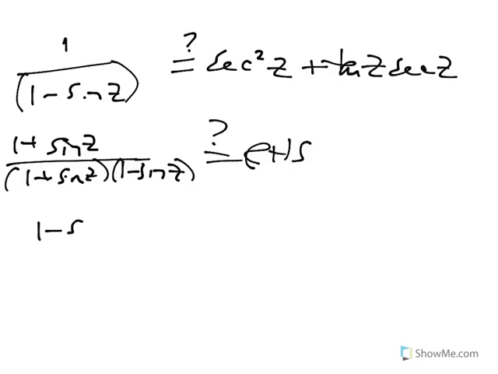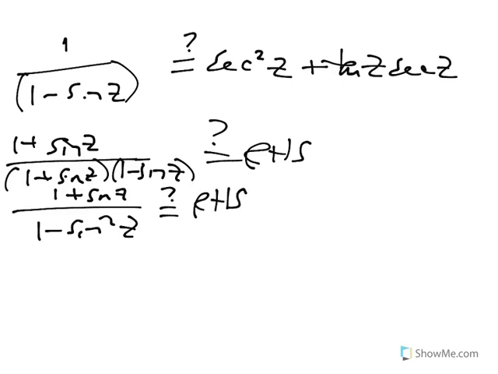This becomes 1 minus sine squared z. 1 plus sine z is the numerator, equals, I hope, right-hand side. And this turns into 1 plus sine z over cosine squared z.